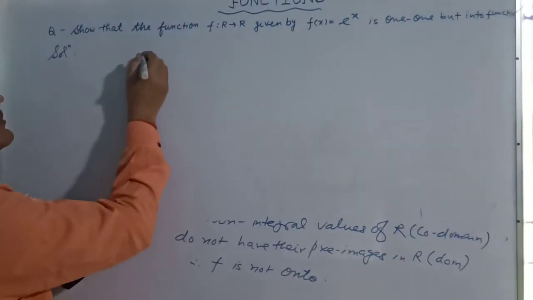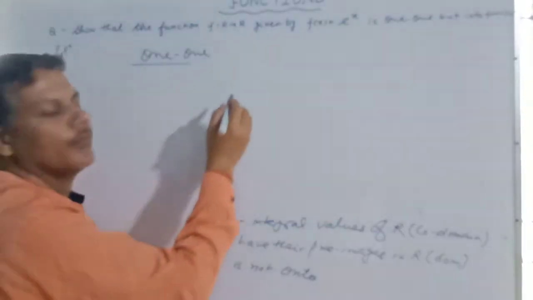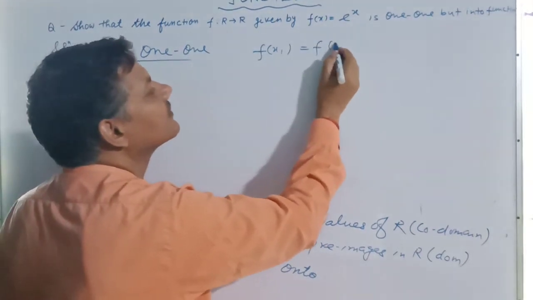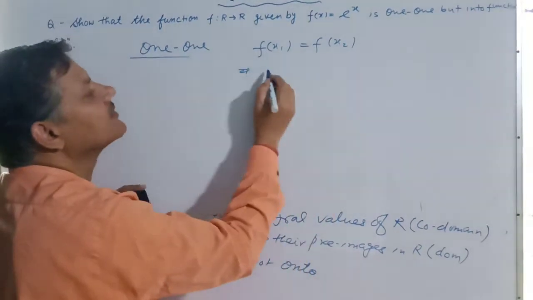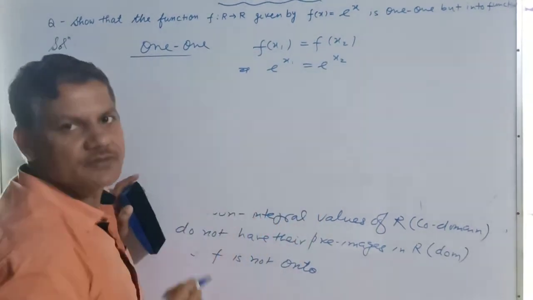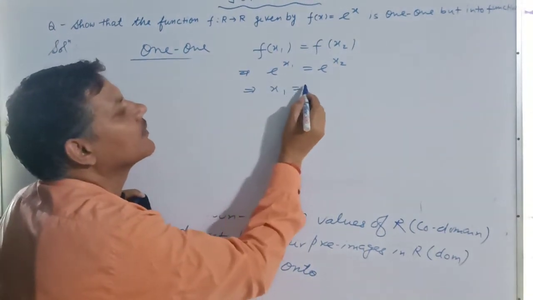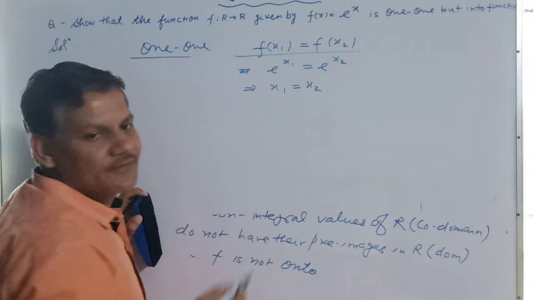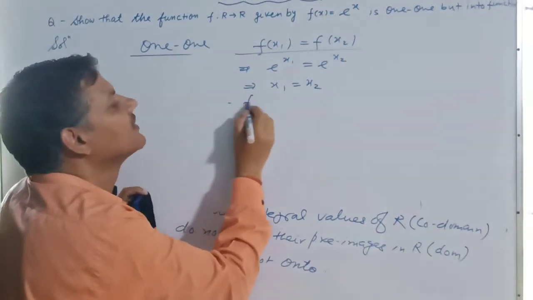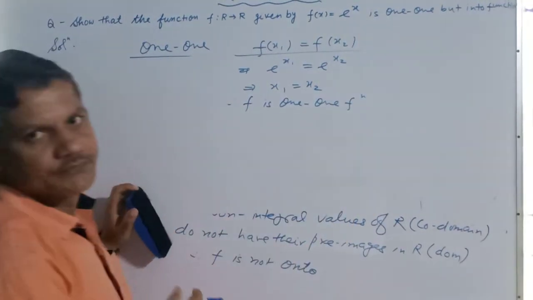For this we start with 1-1, use the algorithm, that is f(x1) equals f(x2). It implies e to the power x1 equals e to the power x2. Since e is the base and it has a fixed value, it implies x1 equals x2. Since from here we get f(x1) equal to f(x2) implies x1 equals x2, therefore f is a 1-1 function.